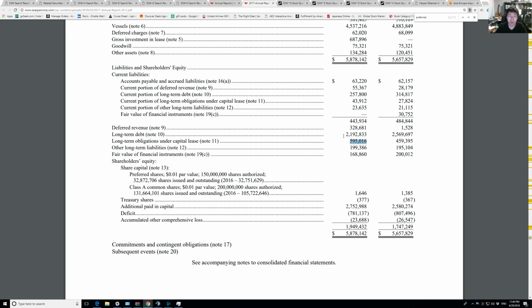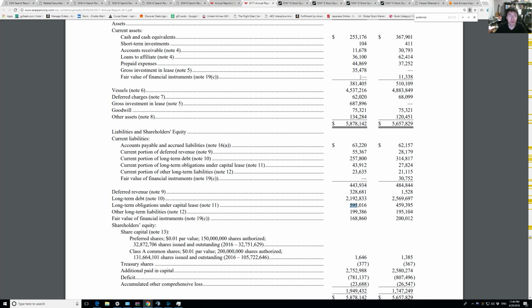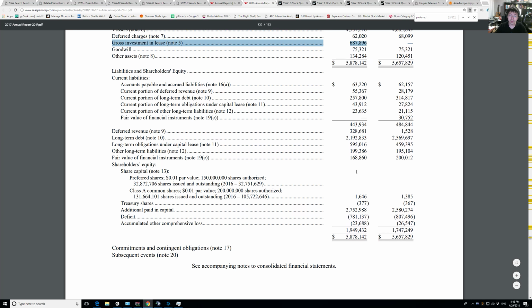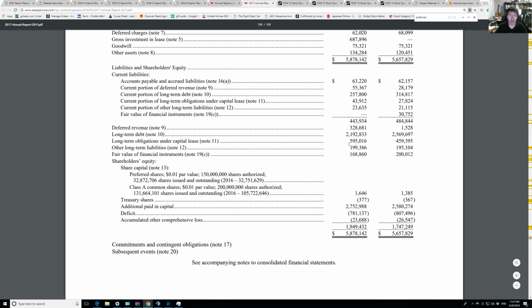then the capital lease thing, right? So that corresponds to this guy. Where is that? Oh yeah, corresponds to this. This thing corresponds to this. Okay. But the majority of that is just the long-term debts.